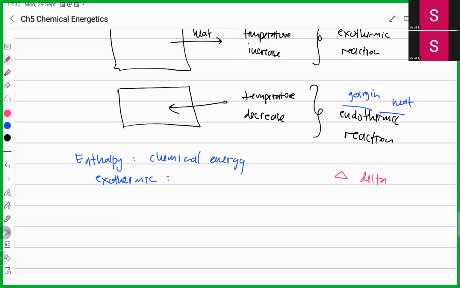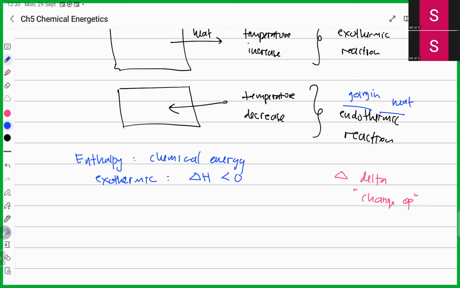Anything you see with it, read it as change of. So exothermic, we're going to have the change of enthalpy. Oh, by the way, enthalpy is given the symbol uppercase H. Enthalpy is going to decrease, so the change is less than 0. The change is negative, meaning it is decreasing.